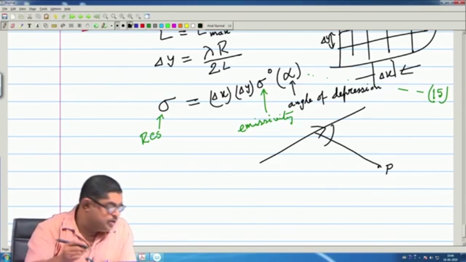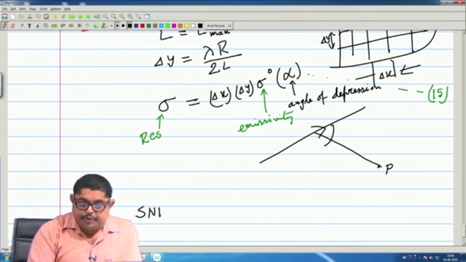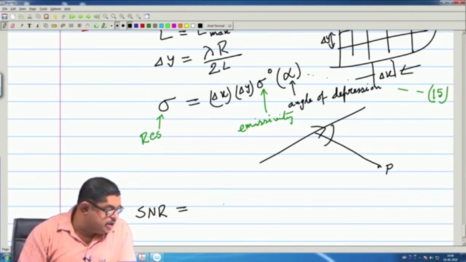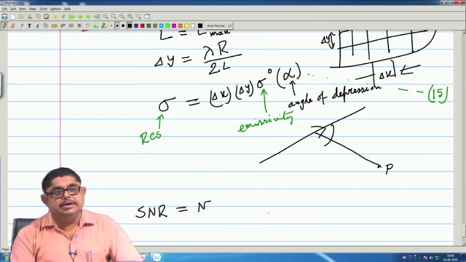and we have already found earlier in the basic classes the SNR expression for radar. So, if we have n number of pulses integrated, the SNR improves by n.